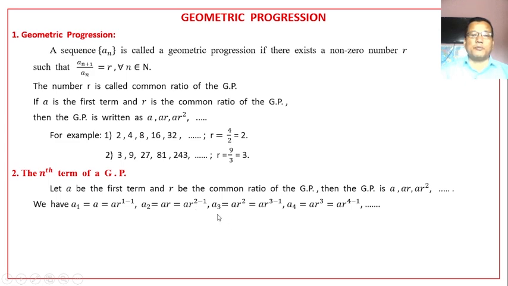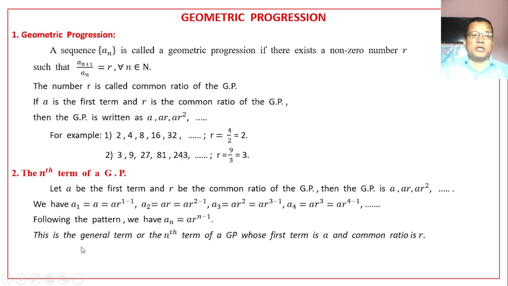Third term is denoted by a3, whose value is ar squared, which can be written as a into r to the power 3 minus 1. So on, a4 is ar cubed, whose value is a into r to the power 4 minus 1, and so on. Following the pattern, we have a_n equal to a r to the power n minus 1. This is the general term or the nth term of the GP whose first term is a and common ratio is r.